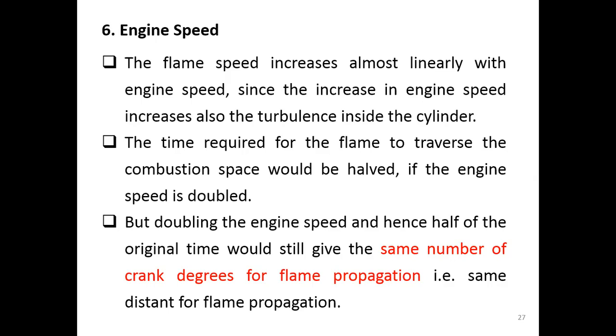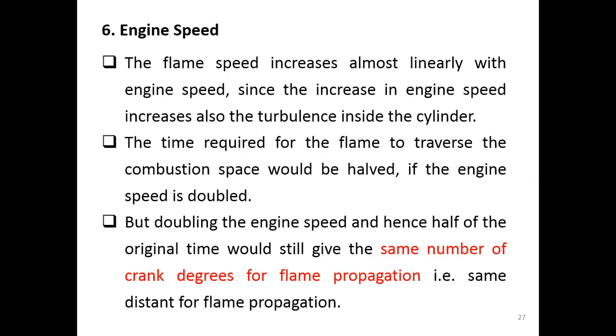So if the flame speed increases, the time required for the flame to travel across the combustion space would be reduced in half.